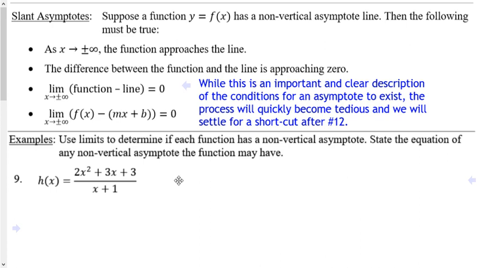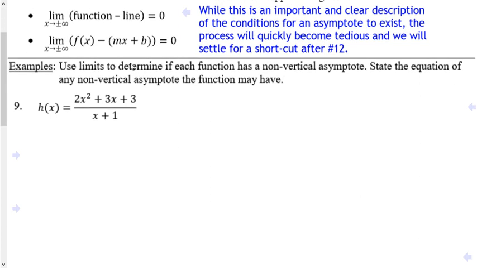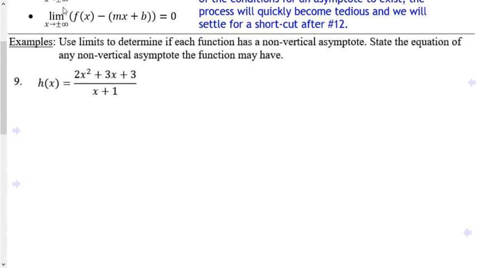We want to use limits, and so here's the limit that we're going to use to determine if each function has a non-vertical asymptote, and we'll determine the equation of that non-vertical asymptote. So here's the h of x function. This is the same function as we looked at in question number 7. So I've already done division, and that's the first step we need to take.